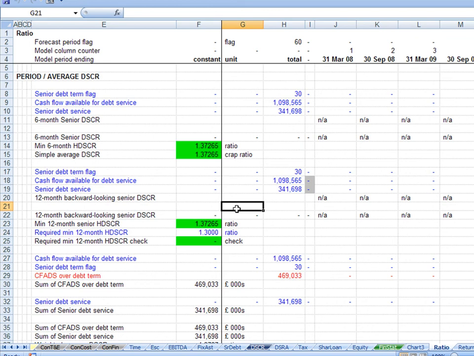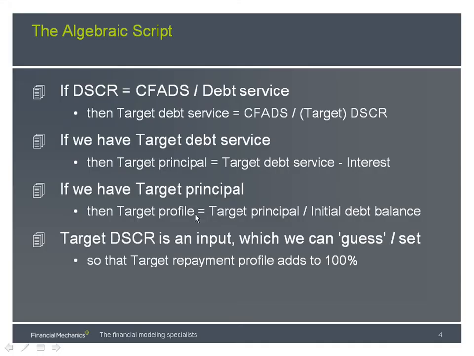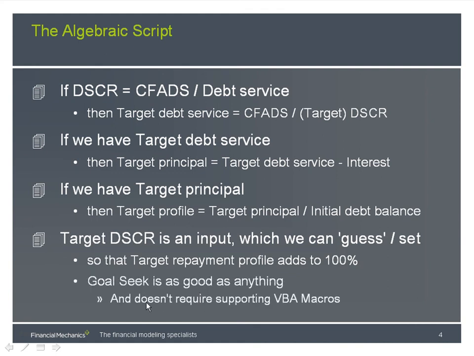With that, I'd like to just wrap up by reminding ourselves where we've gotten to. We set our guess input to make that target repayment profile add up to 100, and we determined the goal seek is as good as anything, and that did not require us to use any supporting VBA macros.